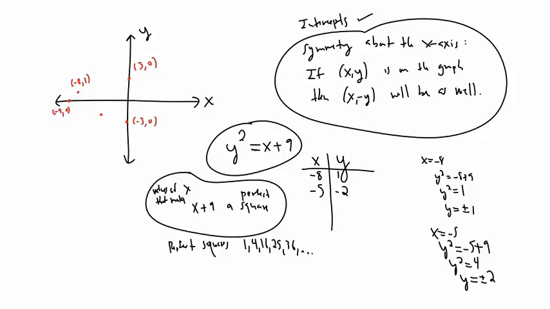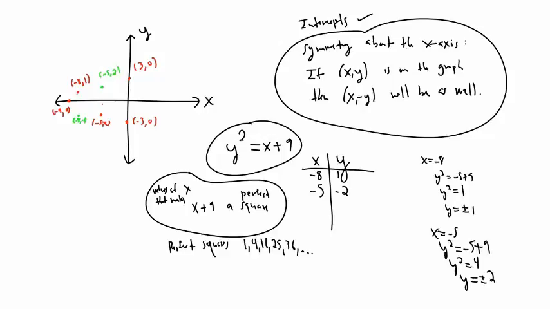So symmetry tells us that this will also be a point on the graph. Minus 5, comma 2. This is minus 5, comma minus 2. Symmetry also tells us that this will be another point on the graph. Minus 8, comma minus 1.